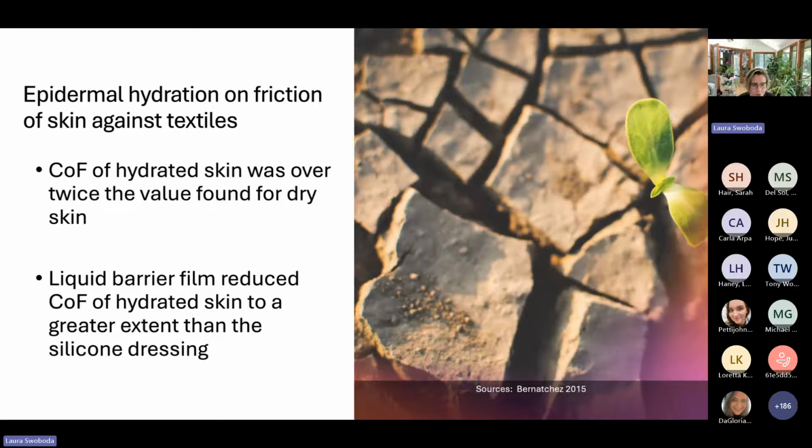And this study was particularly looking at a liquid barrier film, which we use a lot in protecting peri-wound skin, but also now for incontinence dermatitis prevention, and now we're looking at it for pressure injury prevention, right? So they were looking at this liquid barrier film and the coefficient of friction, its ability to prevent that hydrated skin. So if you're using that, it's going to prevent it to a greater extent than a silicone dressing, which was really interesting.